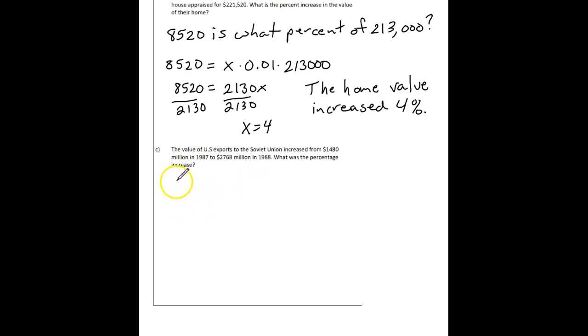Well, it increased by 1,288 million. Now, instead of adding all those zeros on there for the million, I'm going to leave it as 1,288, but I'll remember to put the million in my answer when I'm done. So 1,288 is what percent of our original amount?